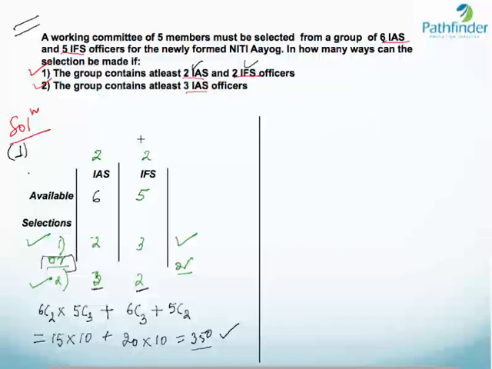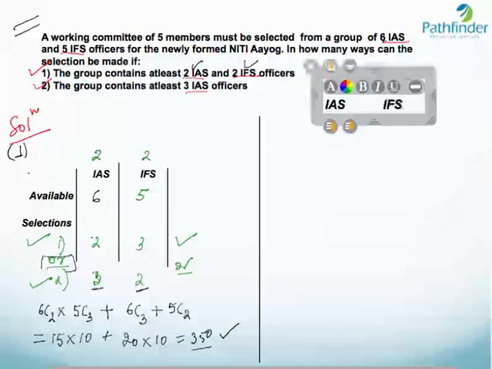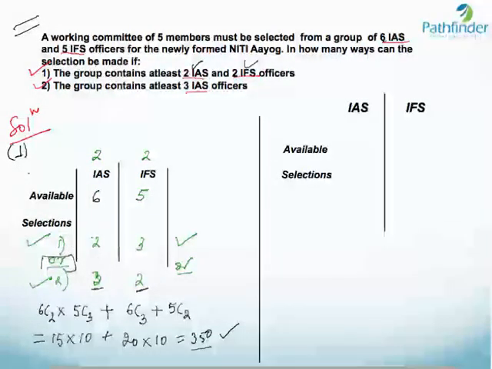Now looking at the second part of this question, once again the available IAS officers are 6 and the available IFS officers are 5. Now we need to select at least 3 IAS officers. So because there is a necessity of selecting at least 3 IAS officers and there are 6 IAS officers available to us, you can select either 3 IAS officers, or you can select 4, or you can select all 5 IAS officers.